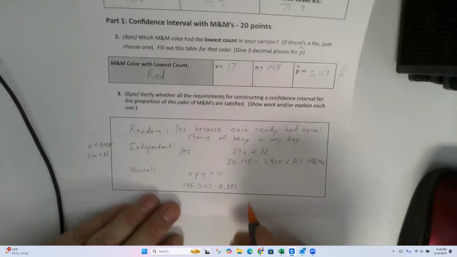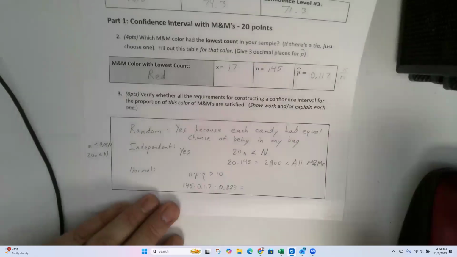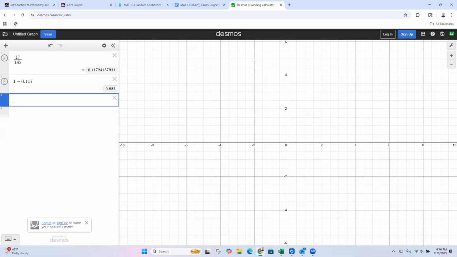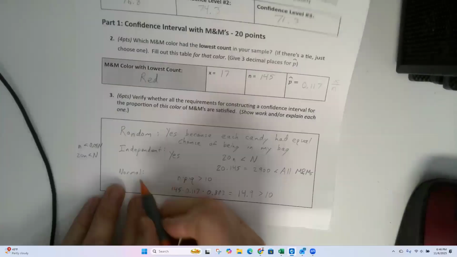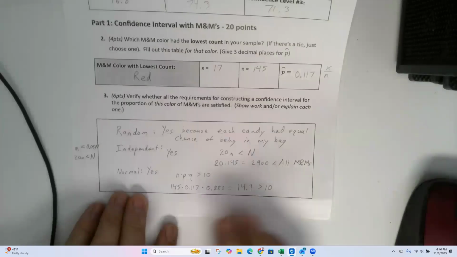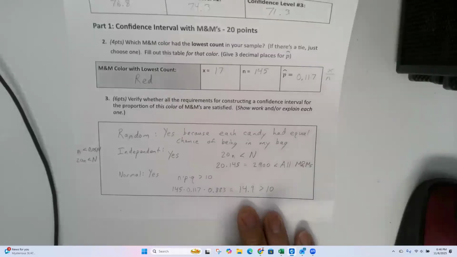That's fine. So calculating our math here, I get 14.98, so pretty much 15. That is bigger than 10, so yes. So mine was big enough. My sample size was good.